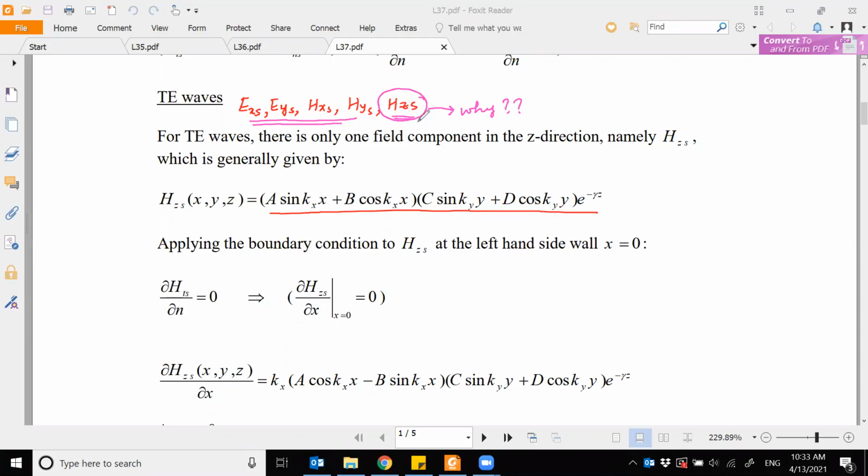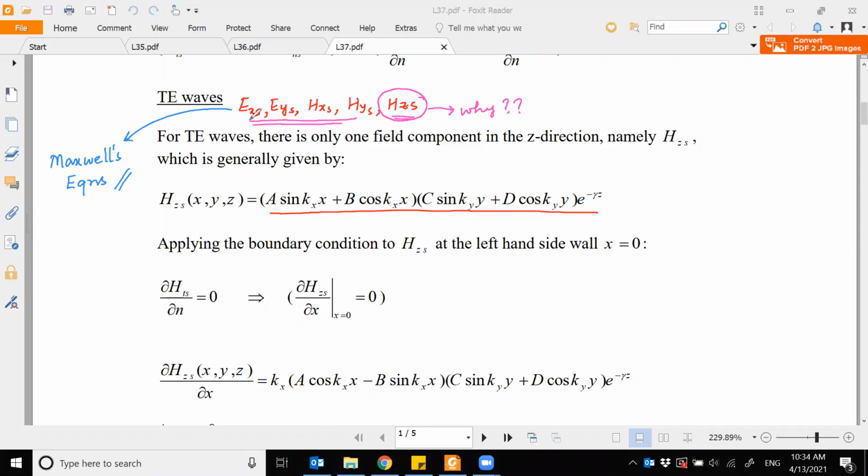If we get the component of magnetic field in the direction of propagation for our TE waves, then with it I can find the remaining 4 components. How? Can anybody tell me? By applying Maxwell's equations.